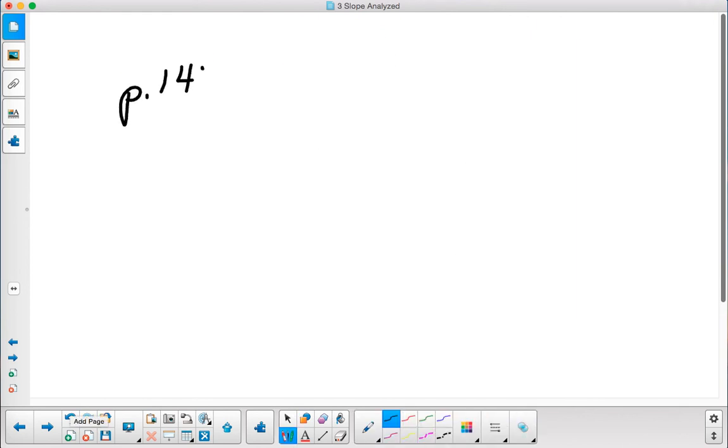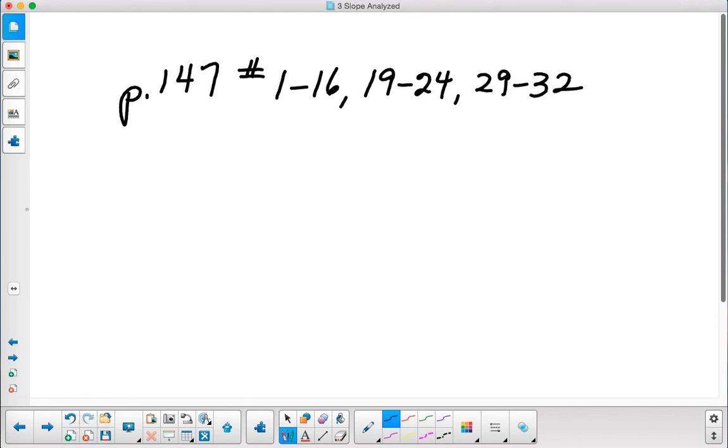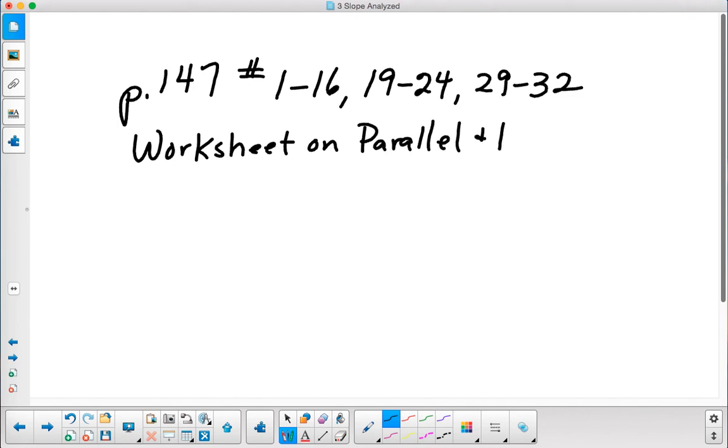Page 147, numbers 1 through 16, 19 to 24, 29 to 32, worksheet on parallel and perpendicular slopes. That worksheet has 2 sides. Be sure and do both.